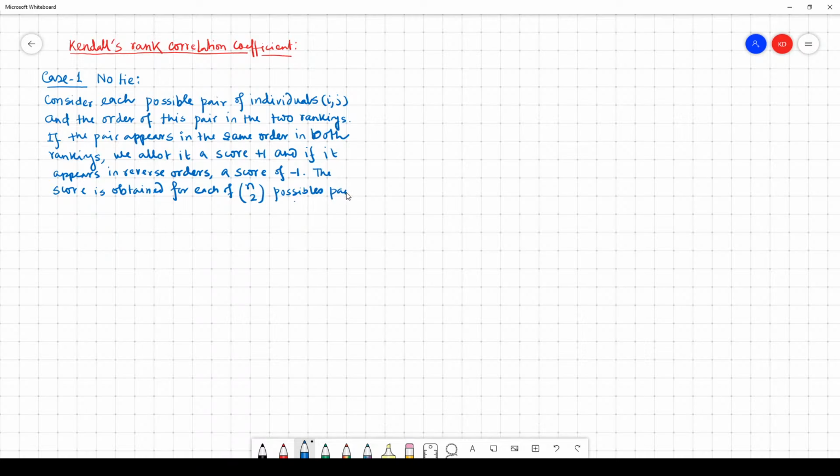Okay, and if for all the pairs it is in the same order, that means for judge 1 individual 1 to nth individual it is 1 to n, and for judge 2 same order means 1 to n, then the maximum possible value is NC2.